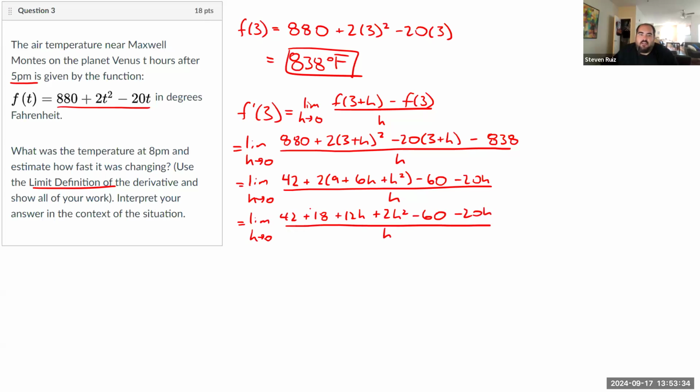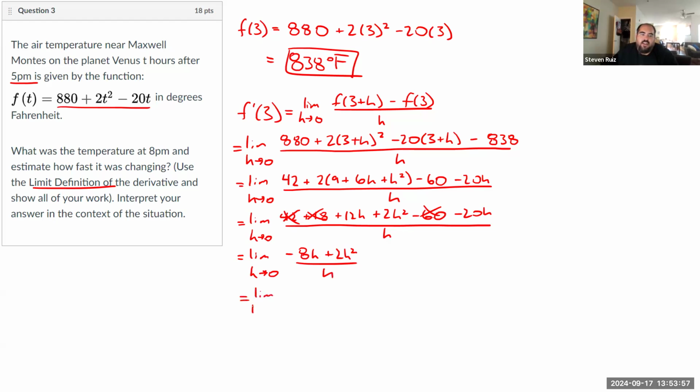Now it looks like all my constants, I have 42 plus 18, which is 60, which I'll cancel out that negative 60. So now what do I have? I have the limit as h approaches 0 of 12h minus 20h, that's negative 8h, plus 2h squared all over h.